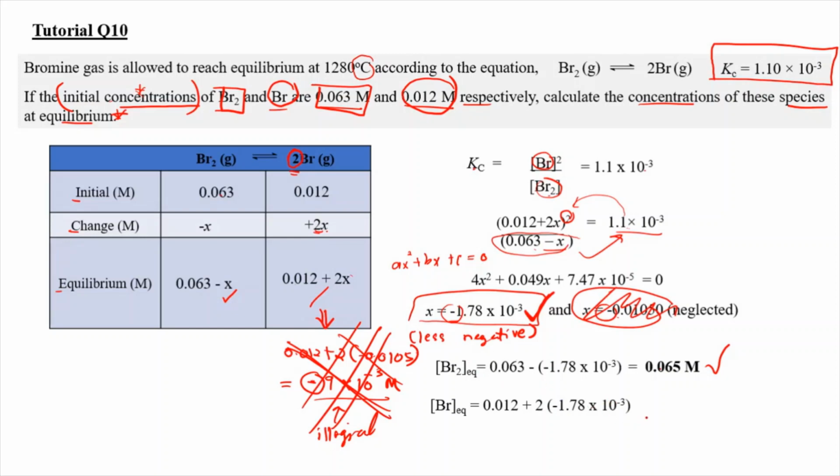Once we do the maths, we're going to get positive 0.084 molar. So both of the concentrations at equilibrium are positive, so it is logical. That is why we take the value of x that is less negative or more positive. This is how you calculate the concentration of the species at equilibrium step by step.